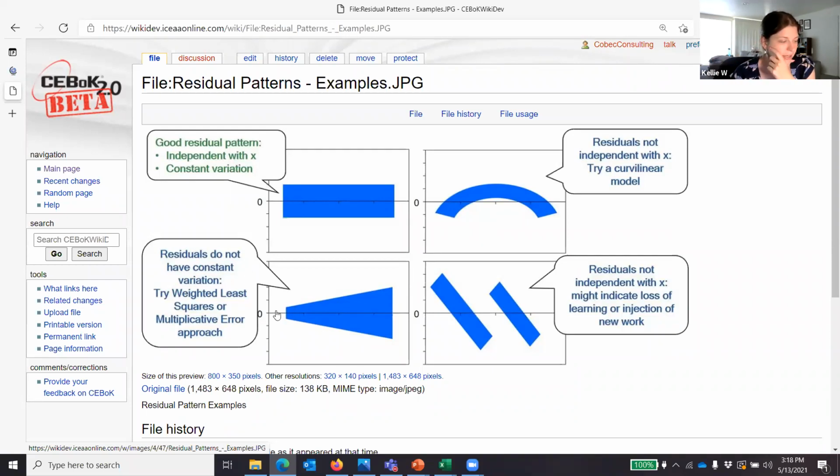That is where they talked about trying weighted least squares, a different, more advanced regression tactic. This shape is not good for standard linear regression, but there's still potential for that data using a different methodology. If you see residuals that follow trends, that indicates loss of learning or injection of new work, so there might be learning curve data in this.